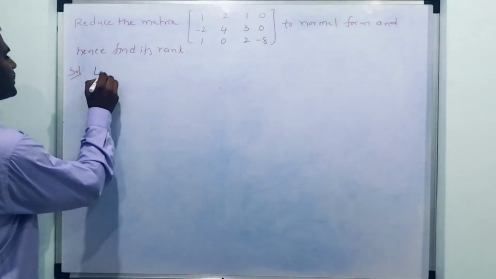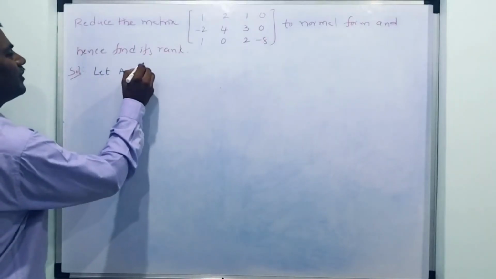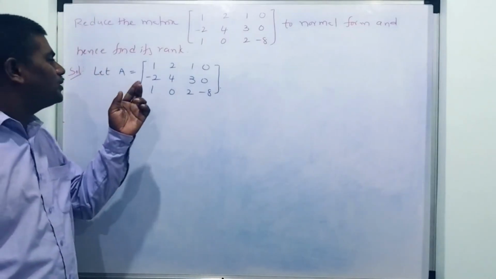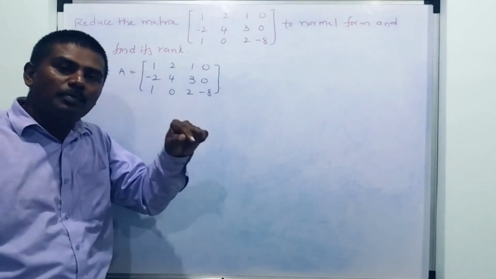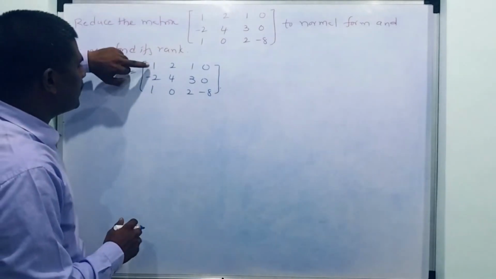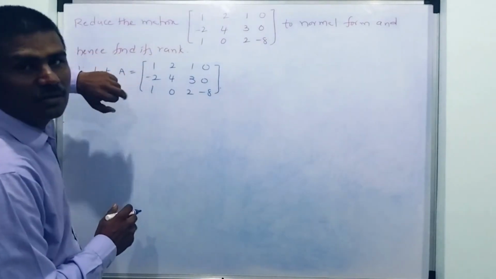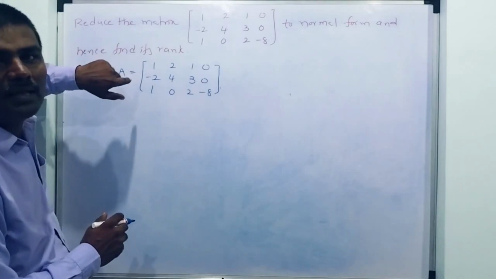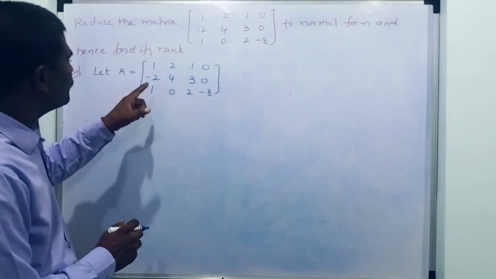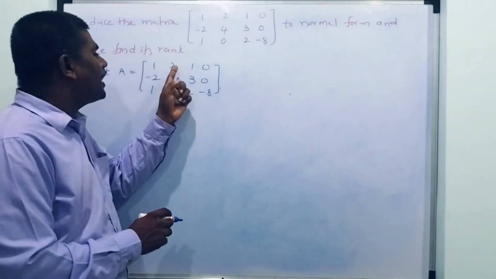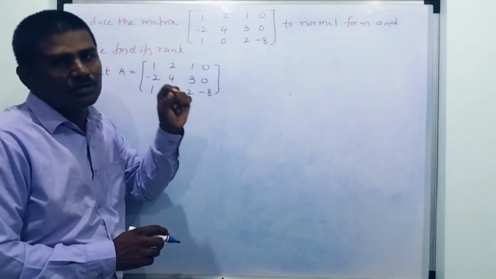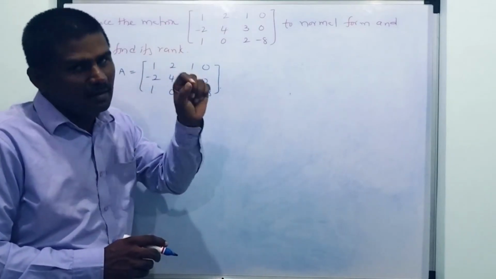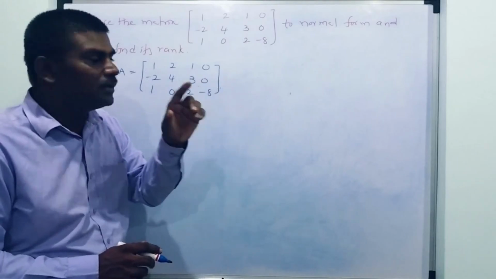Let the given matrix be taken as A. So, what is the procedure to reduce the given matrix into normal form? Take this element and make these two elements as 0 by applying elementary row operations. And then after, use the same element and make these three elements as 0 by applying elementary column operations only.